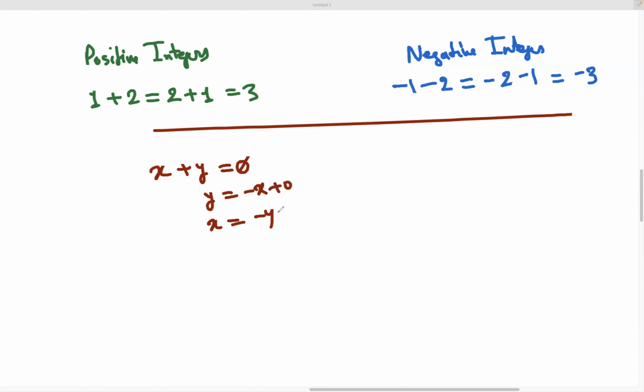We could have written it, but we don't write the 0 there. Finally, we again want to do one recap: we have x, then this is equal to minus of minus x. If we have minus of minus x, these two minus signs become plus, and then we have x.